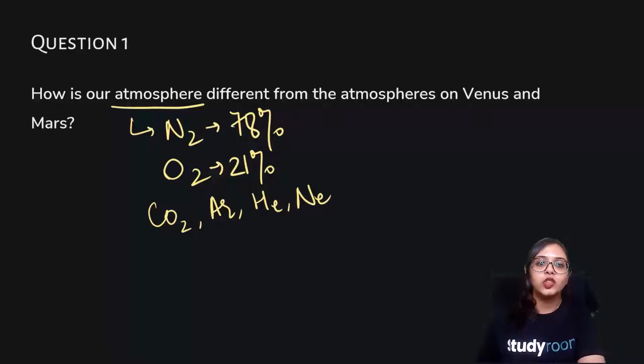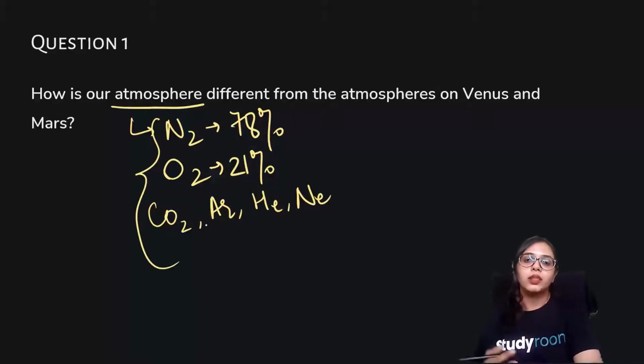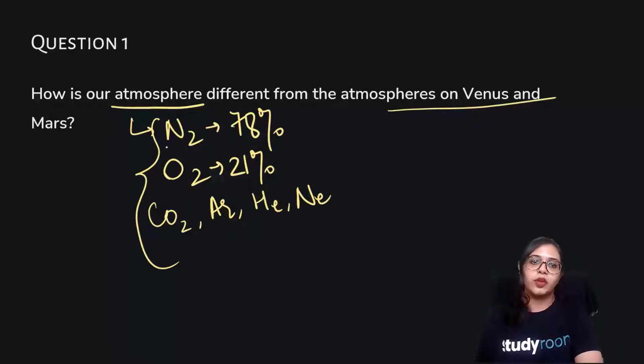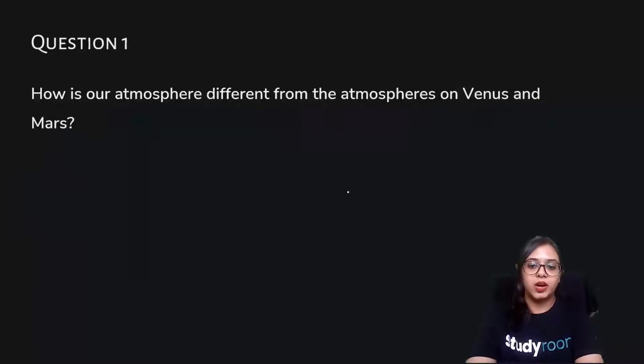But this existence of all these important gases in such and such amount is actually very favorable for life processes and life organisms to exist. All right, whereas in the atmosphere of Venus and Mars, you have a very high content of carbon dioxide. So this high content of carbon dioxide hinders any life process from taking place. Okay, so this is the major difference between Earth's atmosphere and that of Venus and Mars.